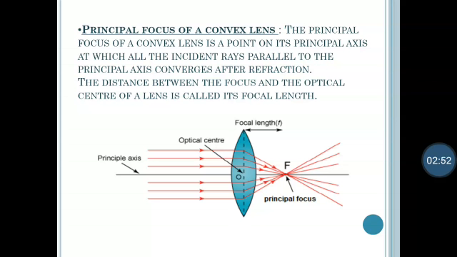And focus is generally denoted by capital F. Now how do you define focal length? In this figure, the distance between optical center O and focus F is called focal length. It is denoted by a small f.